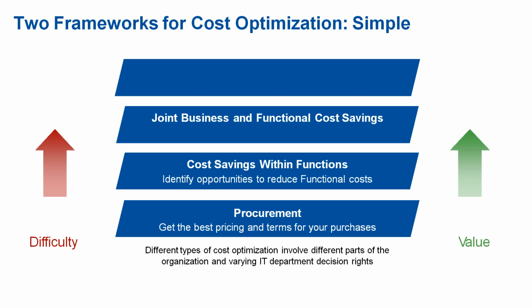Now, we need to look at the joint business and functional savings. We should not look at the isolated functional level. We should look at the joint business and functional cost savings, where different functions merge together, working as a team to provide business value. We need to look at that level. So we need to implement cost savings from the technology side as well as from the business side.